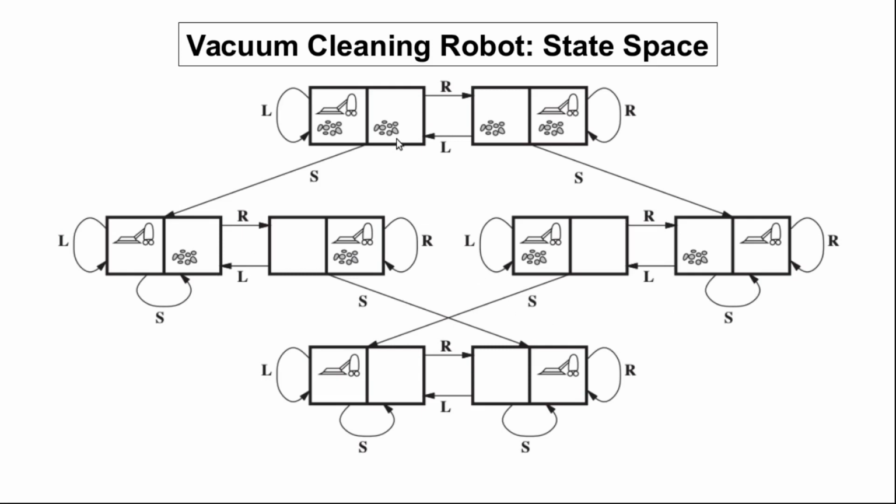So we are showing the state and we are showing what are the different possible actions in each state, and for each action we are showing the resulting state.